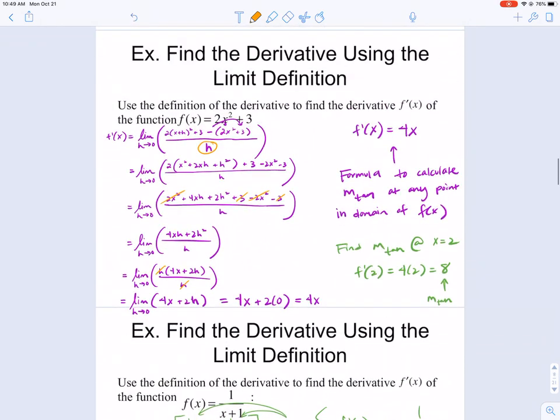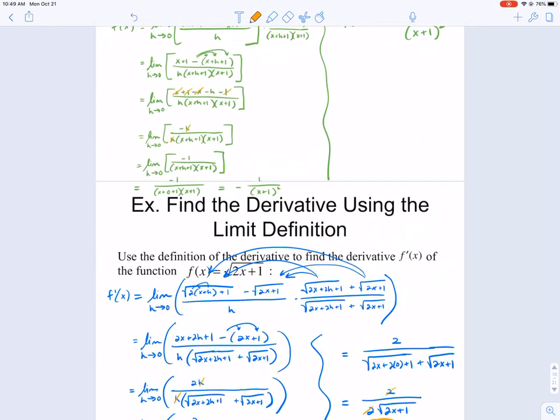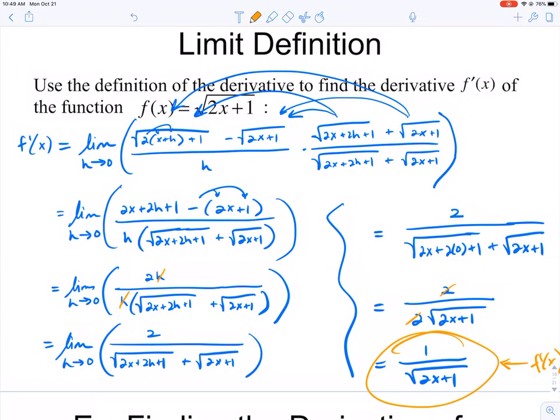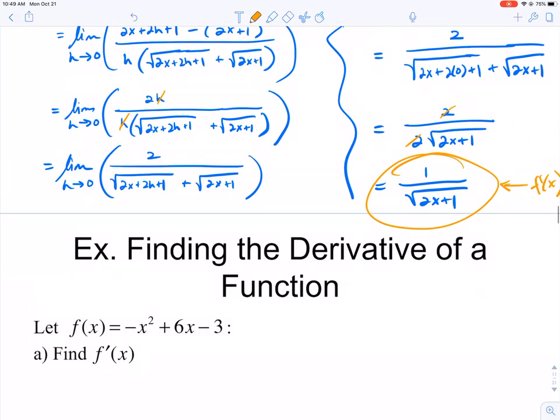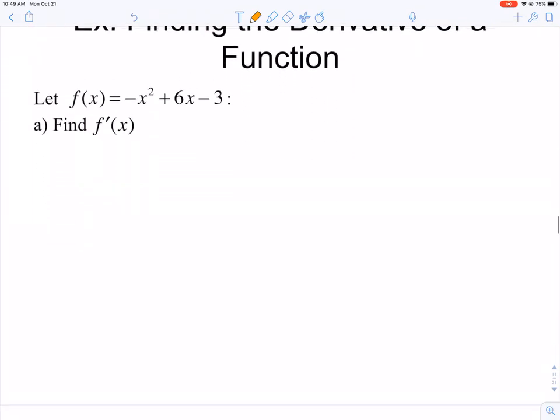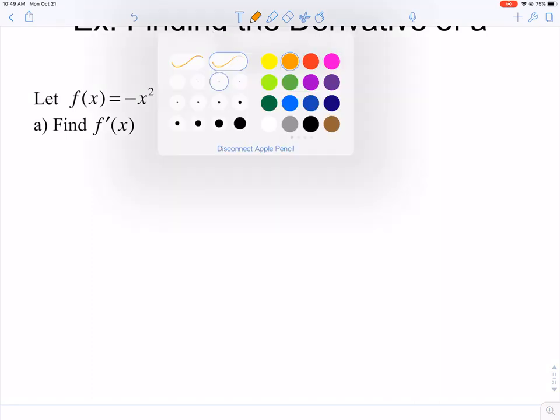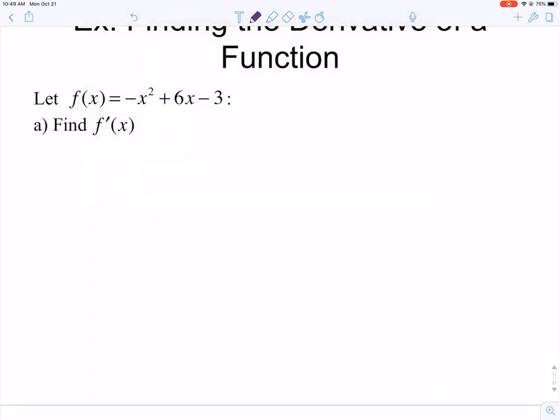So these last 3 examples were just practice finding the derivatives of these 3 functions using the limit definition of the derivative. We're going to do the same thing for this function, but then we're going to actually use it.